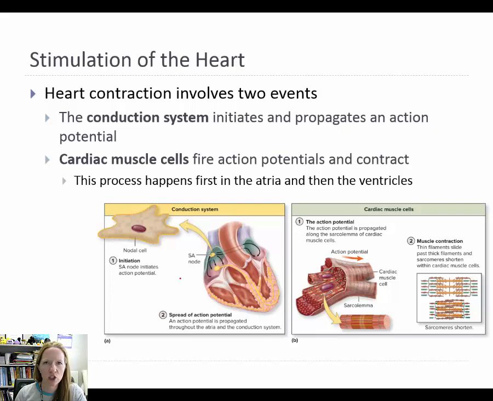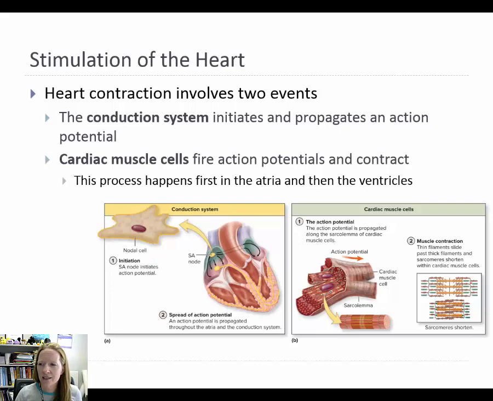The SA node, AV node, the bundles, the branches, all of those nice little structures we looked at last section. They are going to be made up of these nodal cells, and these nodal cells are able to depolarize on their own, reach threshold on their own, and propagate an action potential as well.